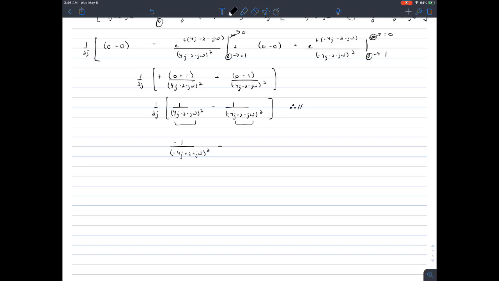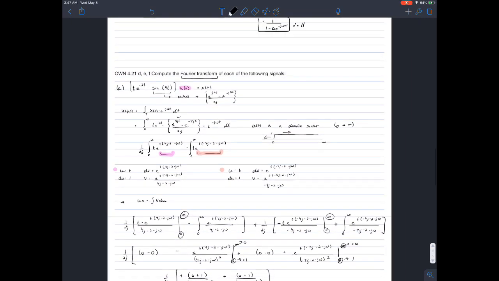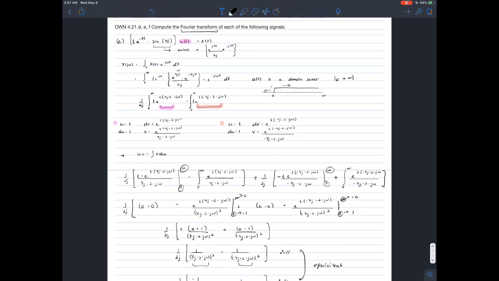This is going to be plus 1 over (4j plus 2 plus j omega) squared. Okay, they just took a negative 1 out of each thing, and then you multiply by 1 over 2j. These answers are equivalent. There's just no need to do one of them. But whatever floats your boat, man. So that is going to be our final answer.